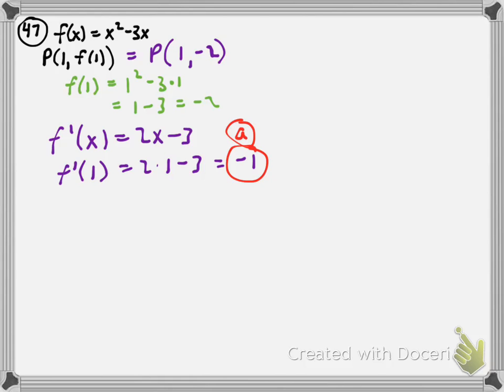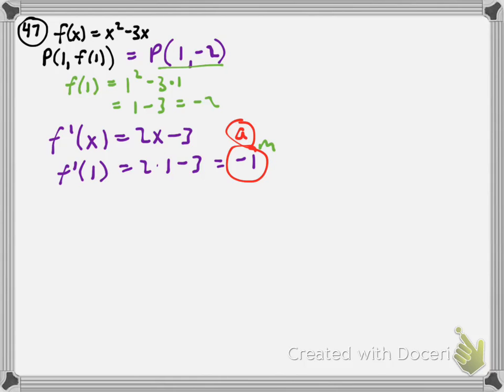Part B is, what's the equation of the tangent line at that point? Well, the slope of the curve at that point is negative 1, and we already have the point, the x and the y, so we need the slope and the point.